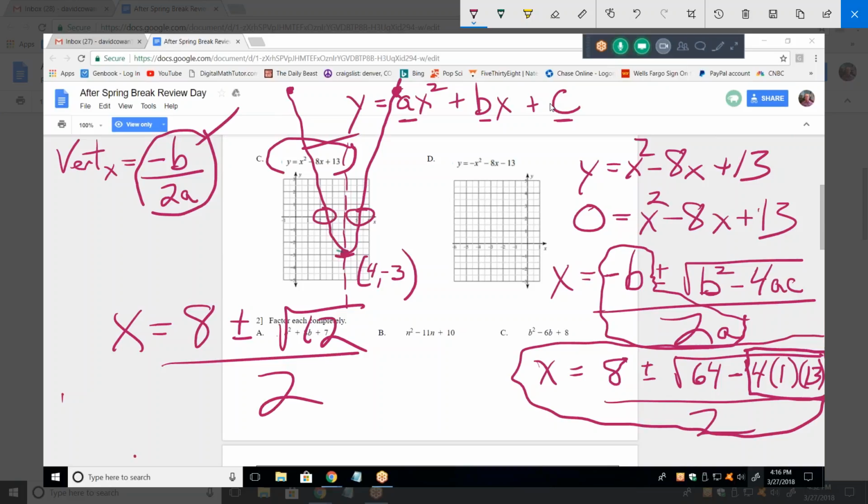Well, square root of 12 simplifies to what? When you're simplifying radicals, you've got to find factors where one of them is a perfect square number. Well, 12 is 4 times 3. 4 is a perfect square number.